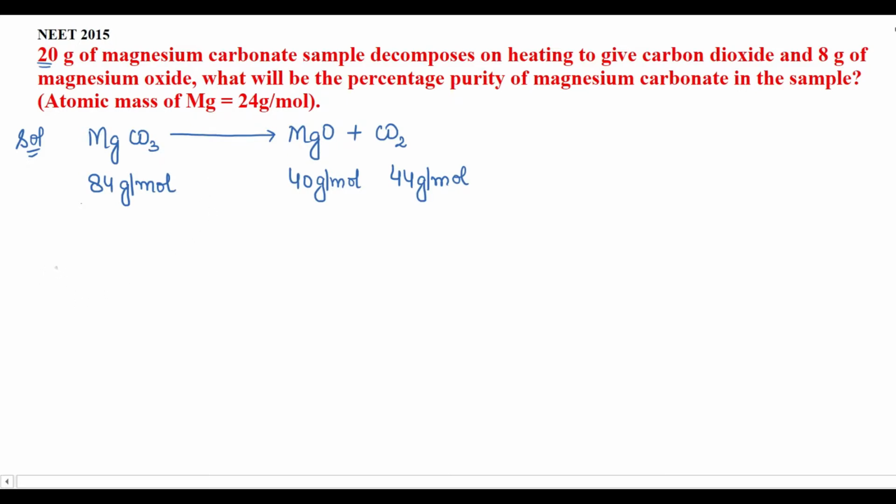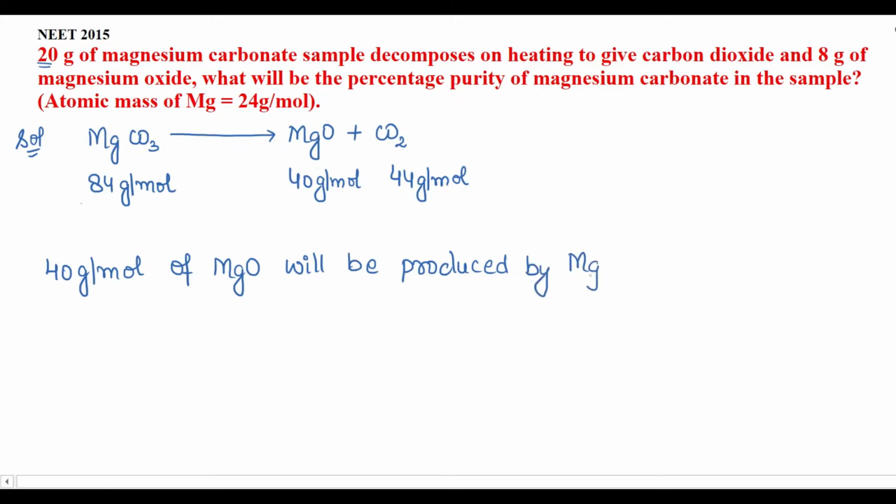So you can say 40 gram per mole of MgO will be produced by MgCO3 equal to 84 gram per mole. That means 84 gram per mole magnesium carbonate produces 40 gram per mole of magnesium oxide, right?